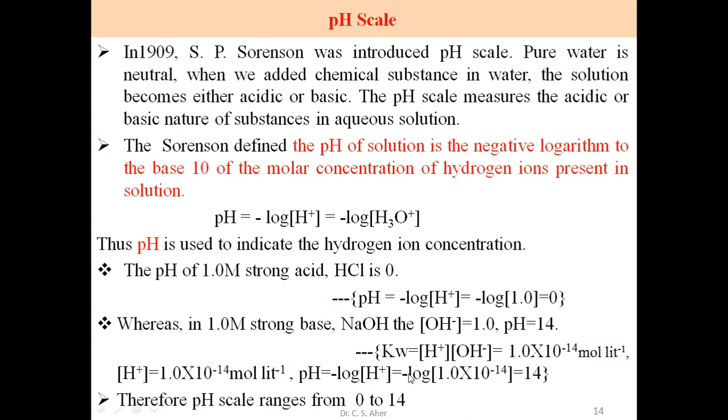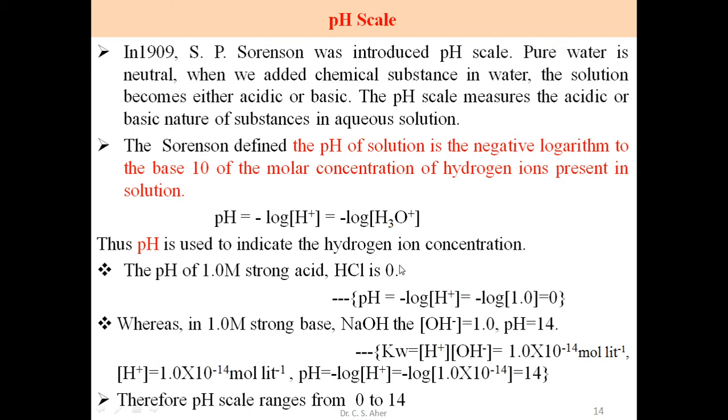When we take the logarithm, minus 14 into minus becomes plus 14, and log of 10 is equal to 1. So this value is 14, and thus for a strong acid the pH value is 0, for a strong base the pH value is 14.